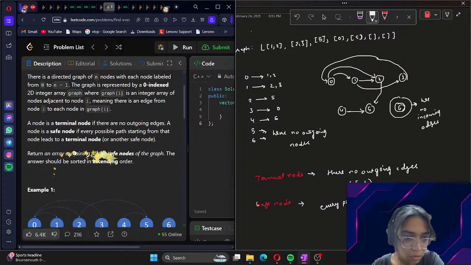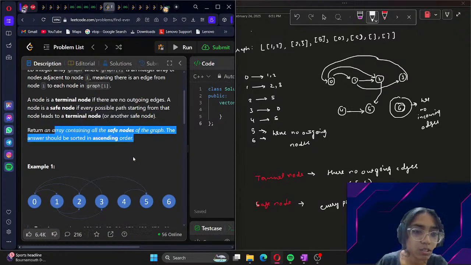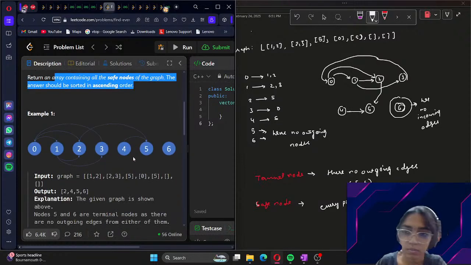And we are supposed to return an array containing all the safe nodes of the graph. Answer should be sorted in ascending order.